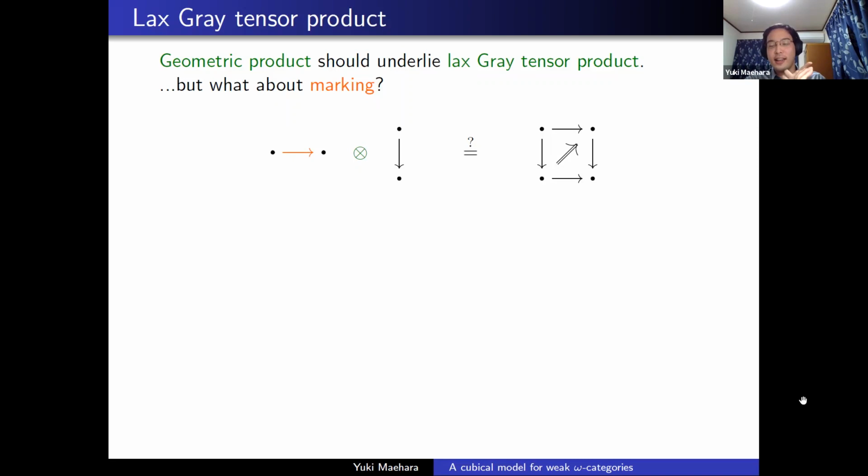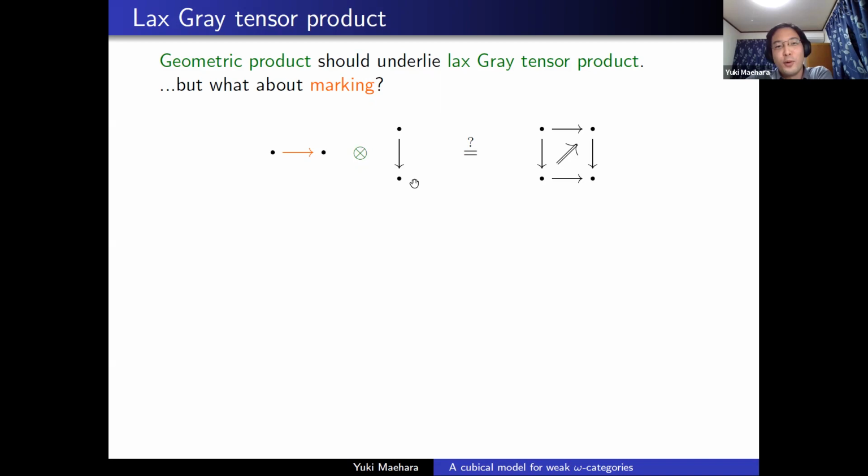Another thing is that we want the 0 cube to be the unit for this tensor product. Just from these 3 conditions, we can figure out that there are 2 morphisms from the 0 cube to this second factor. These are the inclusions of the top and bottom points.